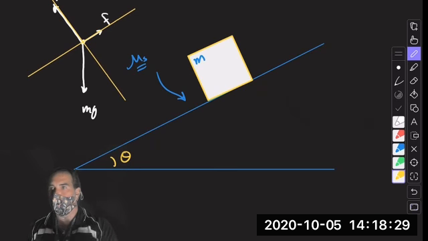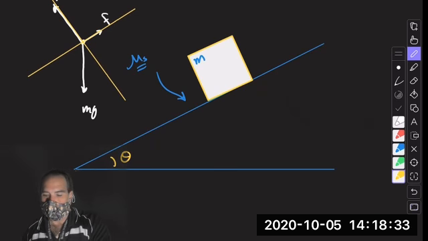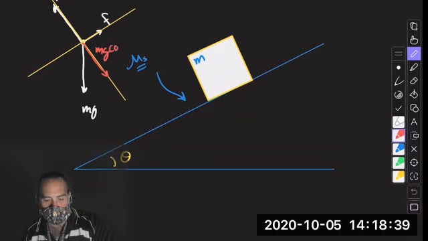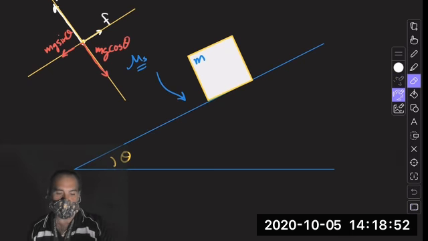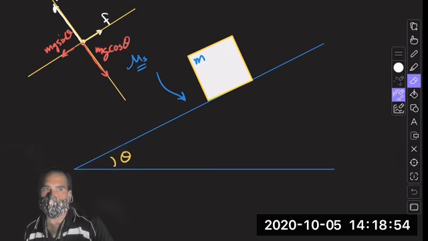That way I have the most number of forces along an axis as possible, which is going to require that I take the weight and break it up into 2 components, mg cosine theta and mg sine theta. By doing that, I'm basically saying that these two components make up for the force that was there before.